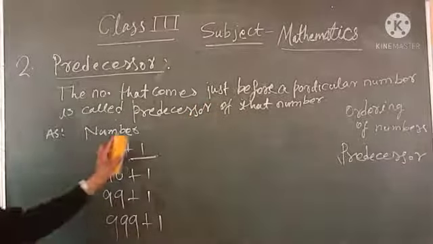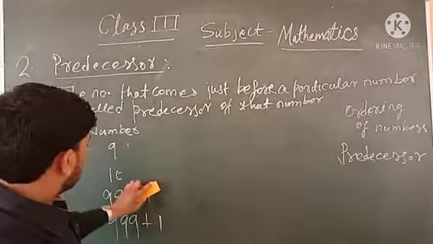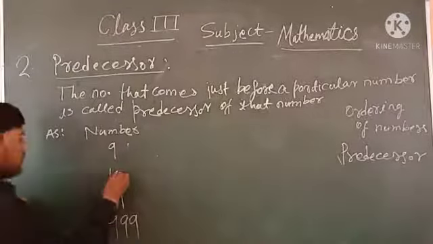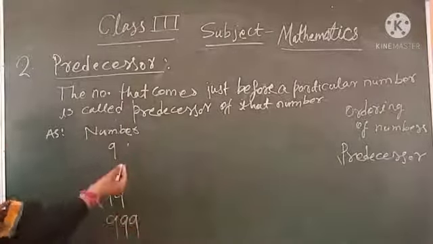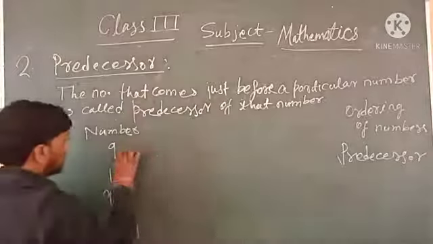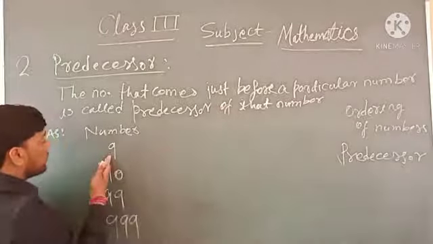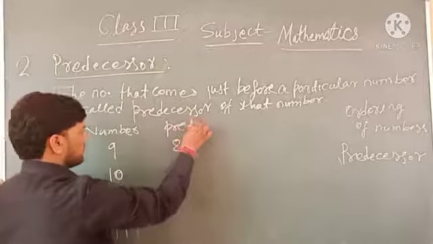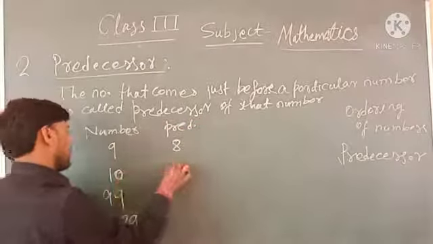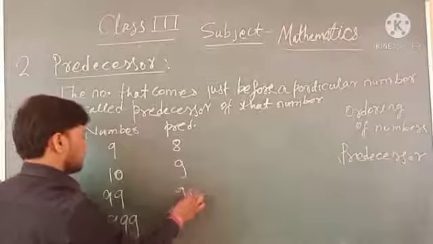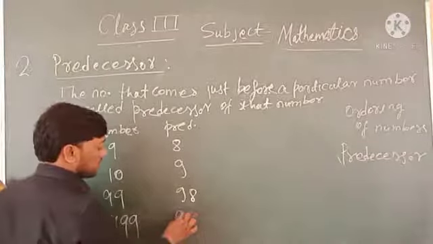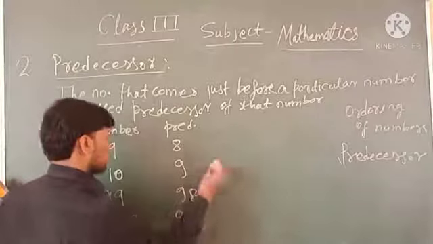As for example, numbers given here are 9, 10, 99 and 999. Just before 9 is 8, the predecessor. Before 10, 9; before 99, 98; before 999, 998.